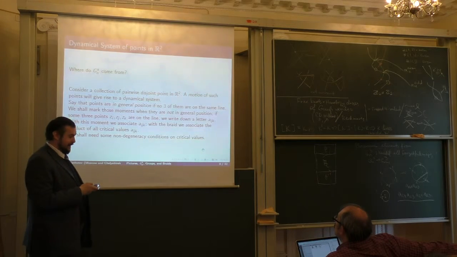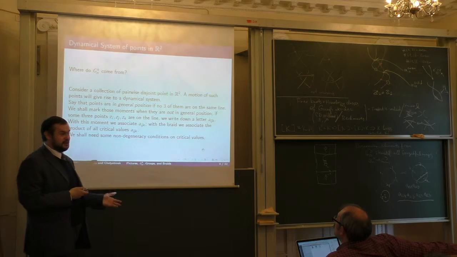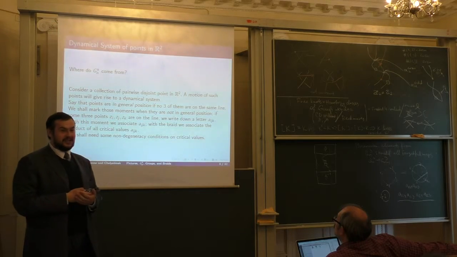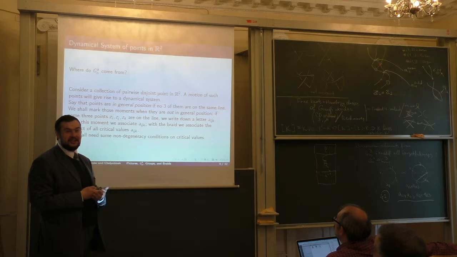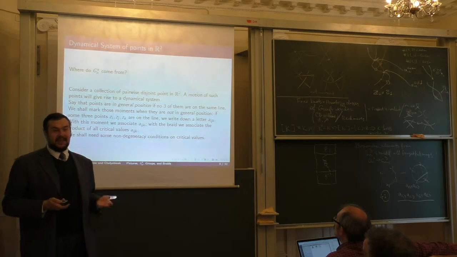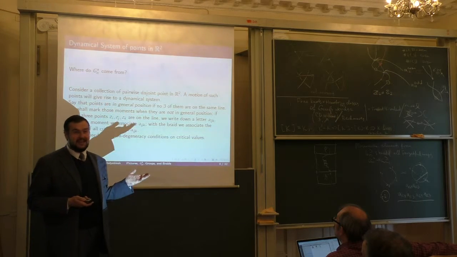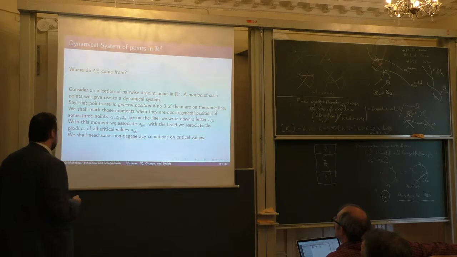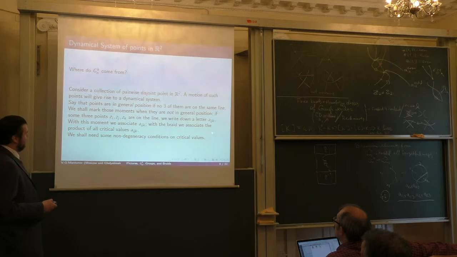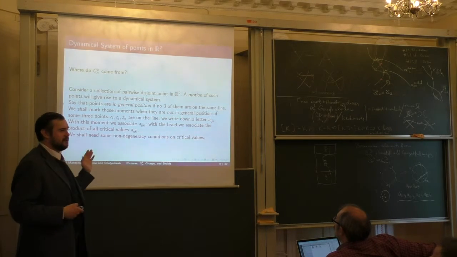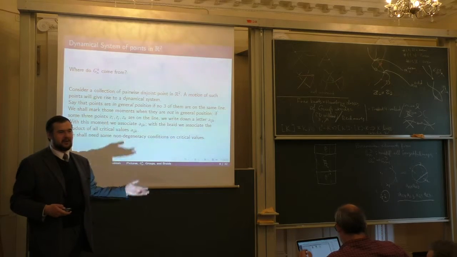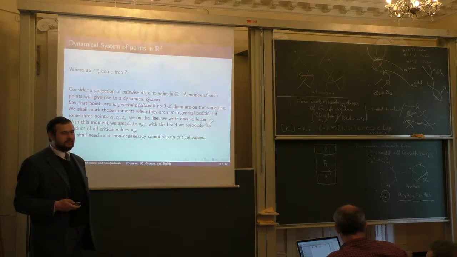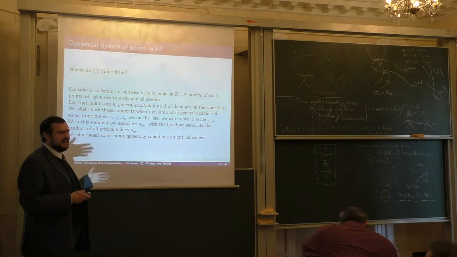Certainly the definitions of my relations in the group G_n^k were taken in such a way that this word would be an invariant. Of course, we should take into account some non-degeneracy conditions on critical values, for example, that our triple points are non-degenerate, et cetera.